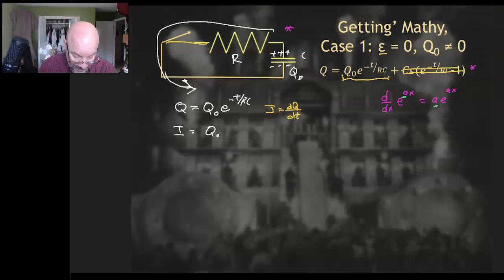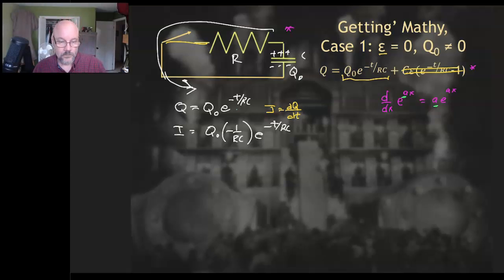In our case, the thing we have to pull down is this 1 over RC and the negative sign. So we're going to pull those down, so I'm going to put minus 1 over RC. There's our a term, minus t over RC, just like that.